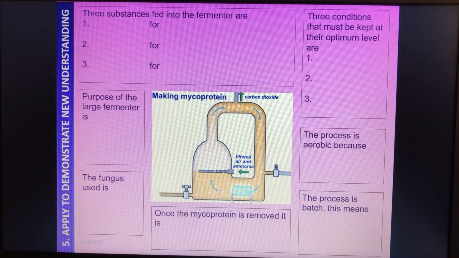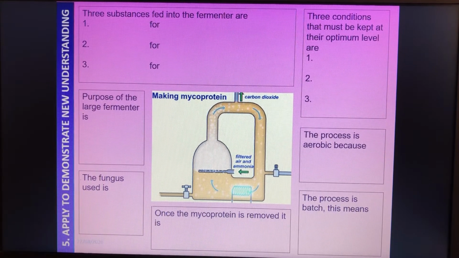In an exam situation, we really want to be using the phrase mycoprotein rather than Quorn. I don't mean corn with a C, I mean the Q-U-O-R-N, Quorn, but we're going to say mycoprotein. And it's made in this giant fermenter.